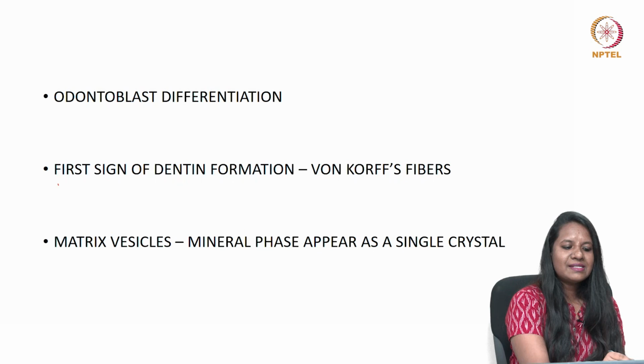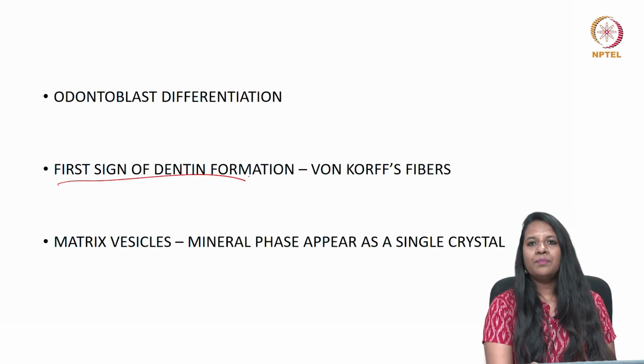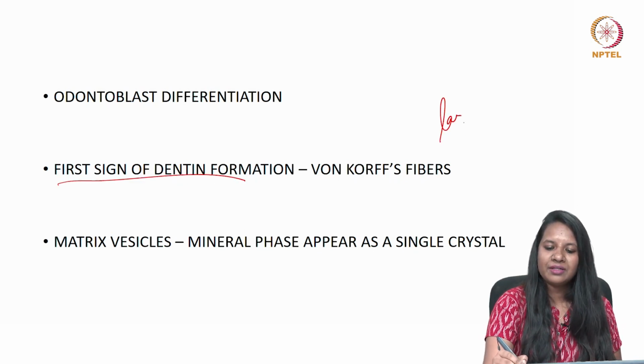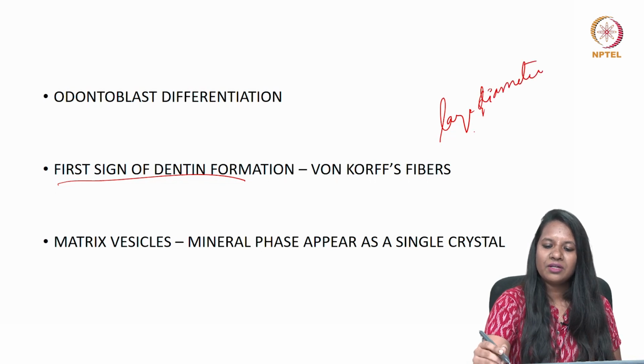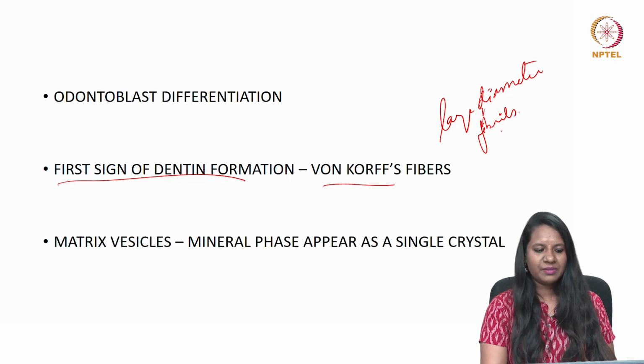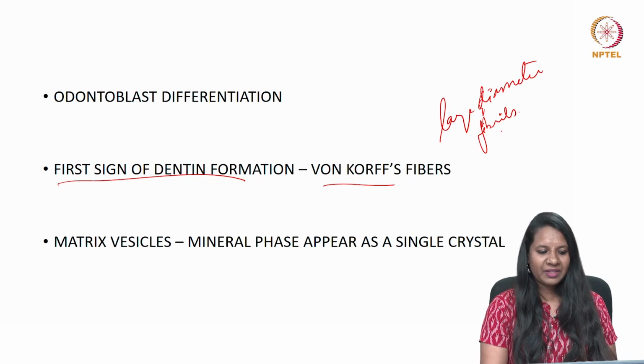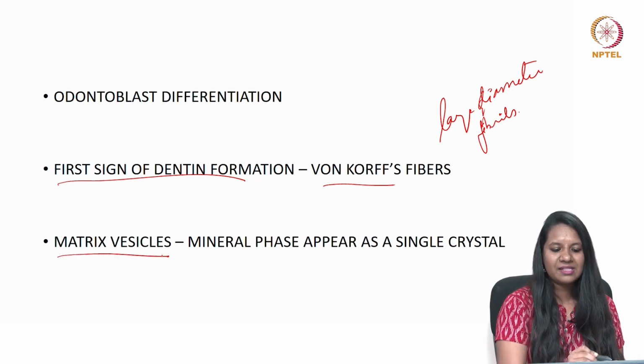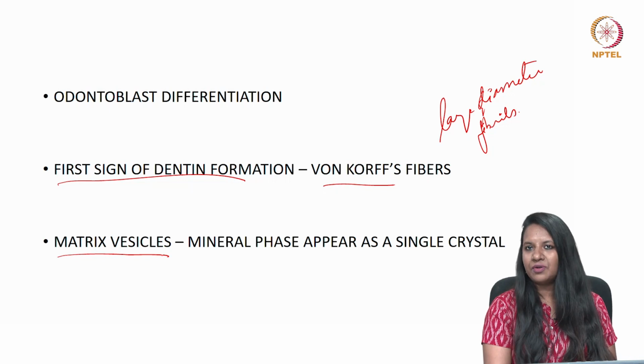So, the first sign of dentin formation is the presence of large diameter fibrils, okay, which is nothing but Von Korff fibers, and then the dentin is laid down over the fibers by the odontoblasts, and they have matrix vesicles which are absent in the case of enamel.